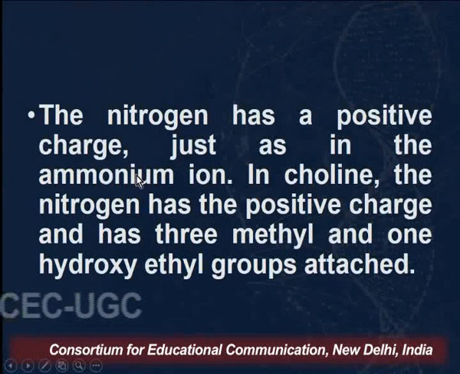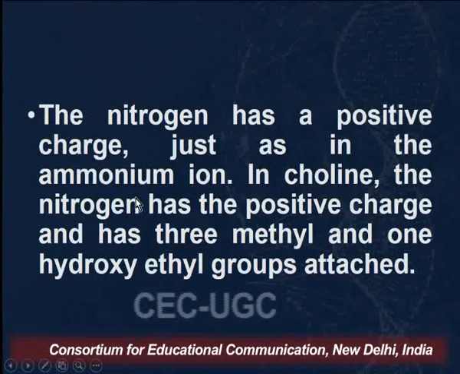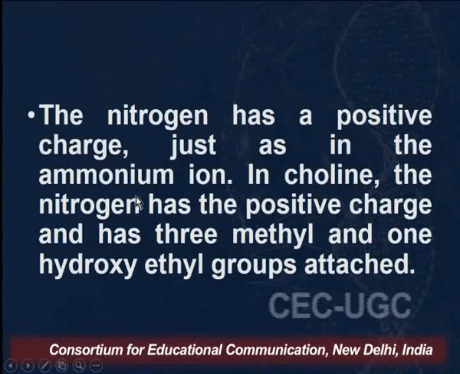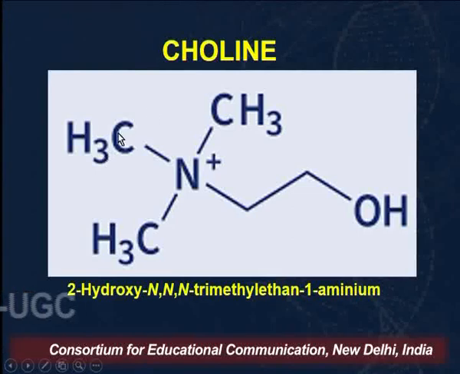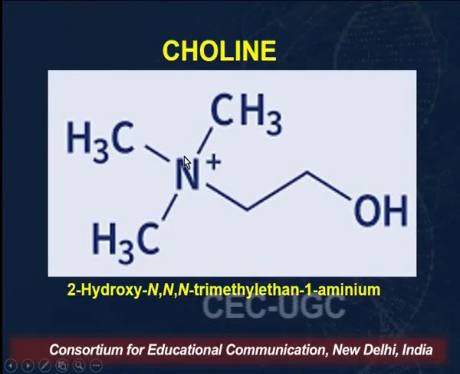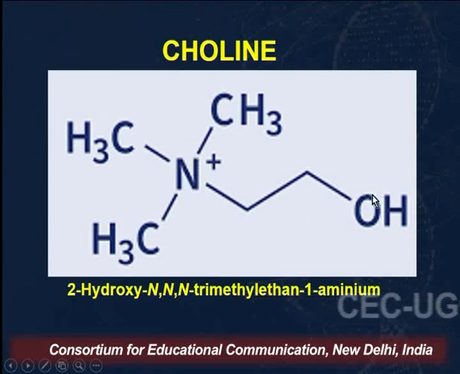In choline, the nitrogen has a positive charge, just as in the ammonium ion, and has 3 methyl and 1 hydroxyethyl group attached to it. So when you look at the structure of choline, here we have a phosphoester bond which it makes with phosphate.